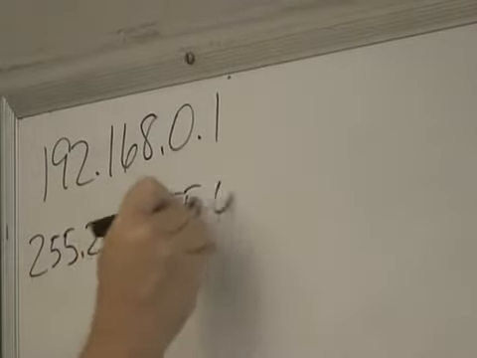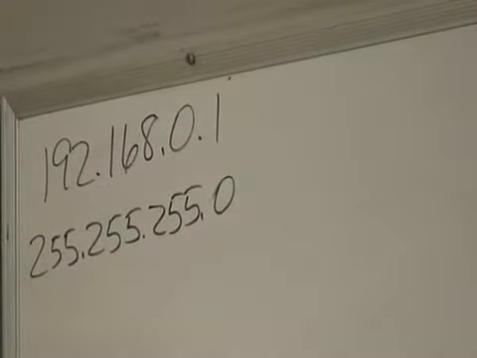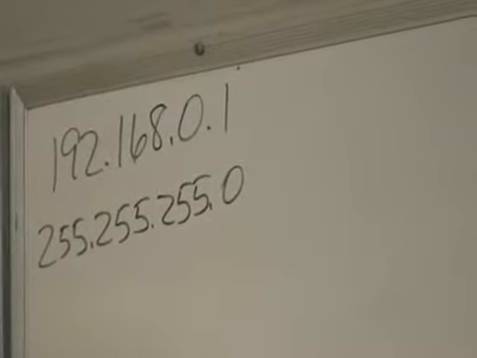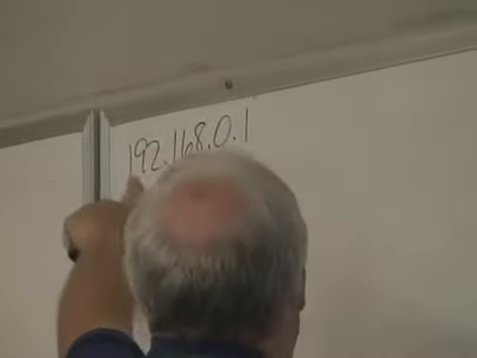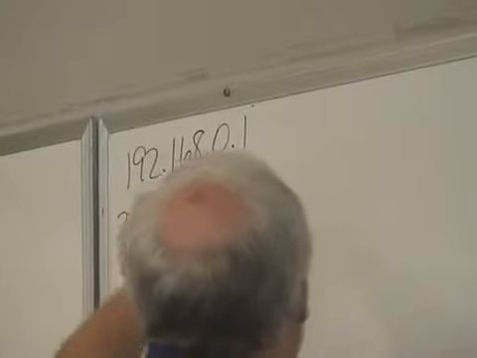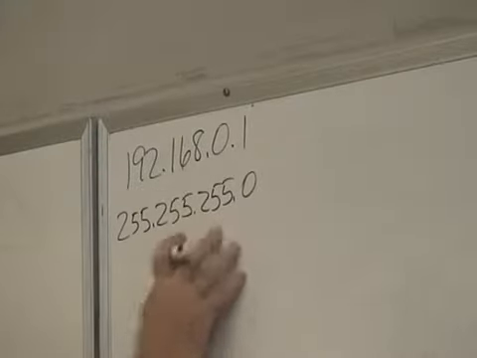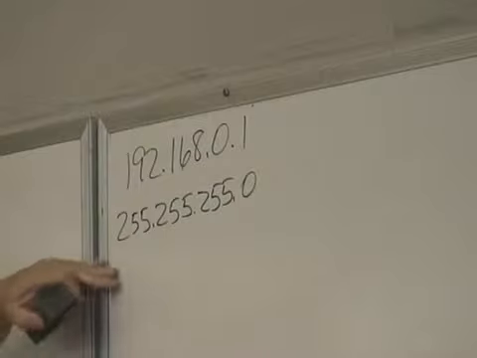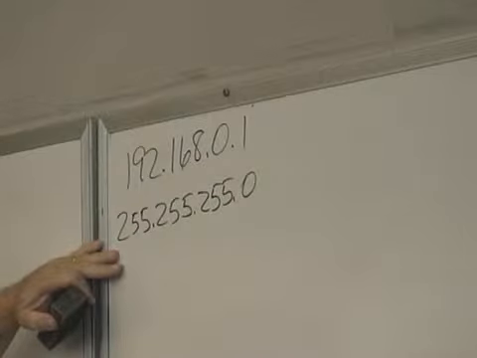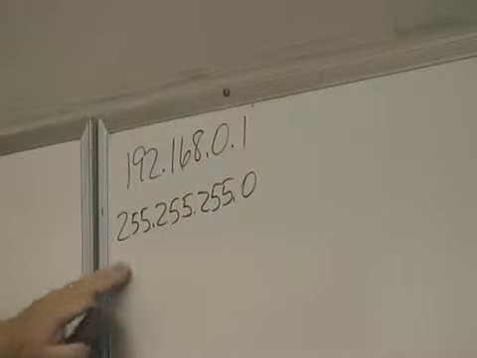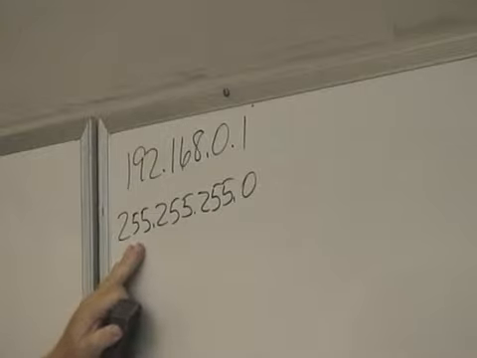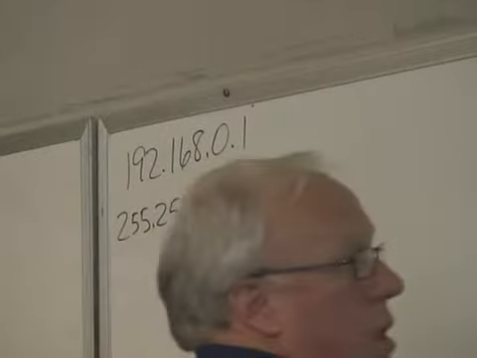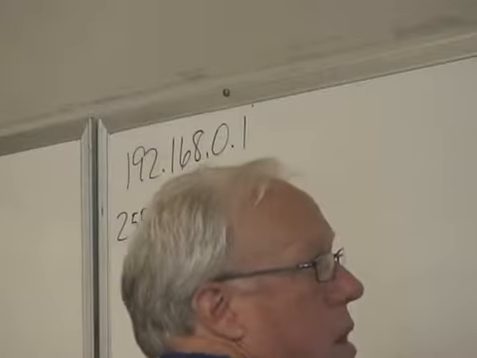I'm trying desperately not to talk too much about networks, but you almost have to. All right, so this is made up of 4 octets. But what is each one of those really made up of? These are decimal representations of what? Of binary numbers. So 255 really represents what? 8 bits or 1 byte.